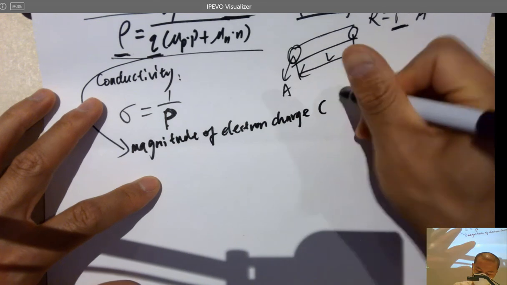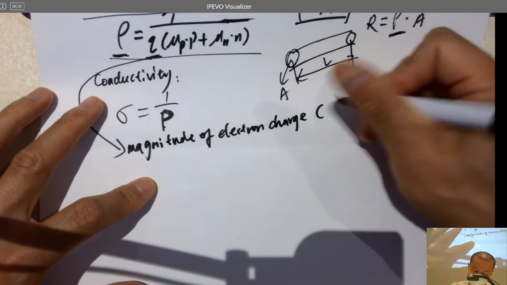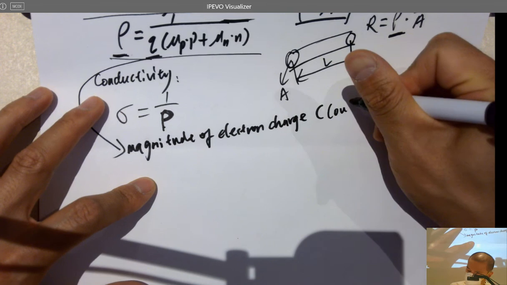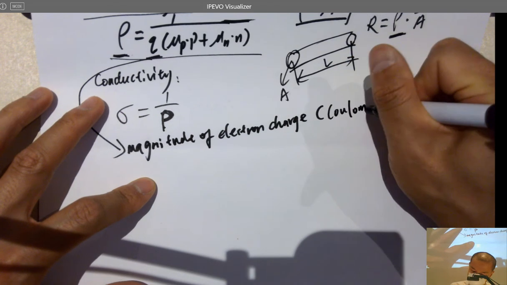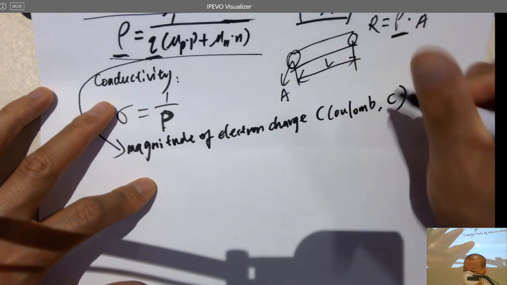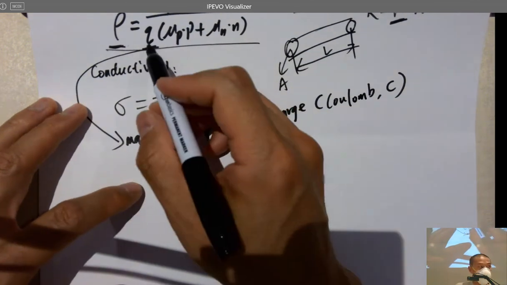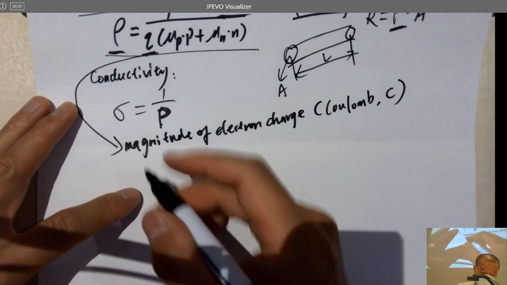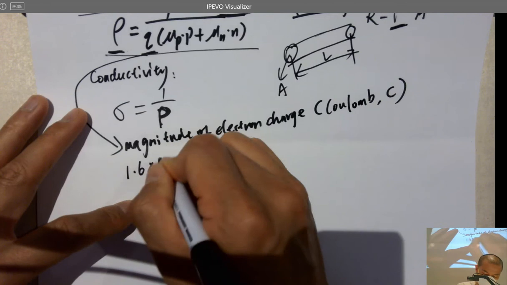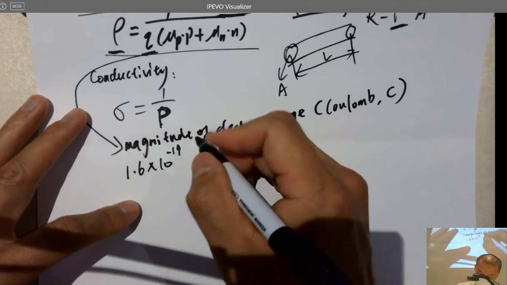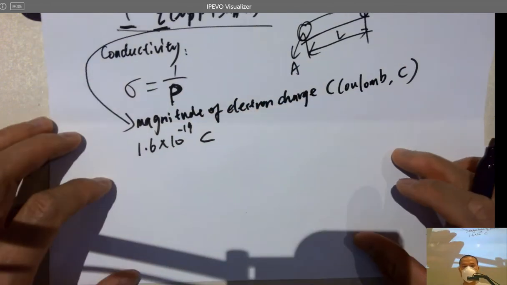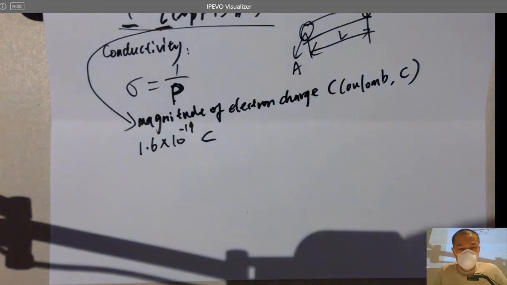So the unit for this is coulomb, C. So one single electron carries this much charge, 1.6 times 10 to the negative 19 coulomb.